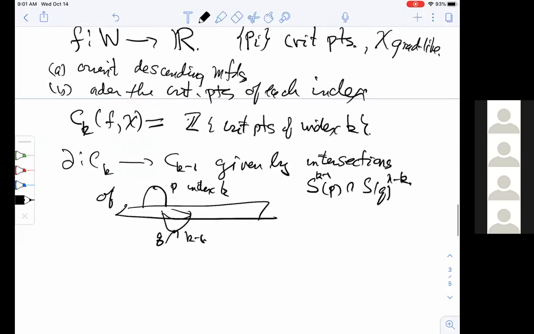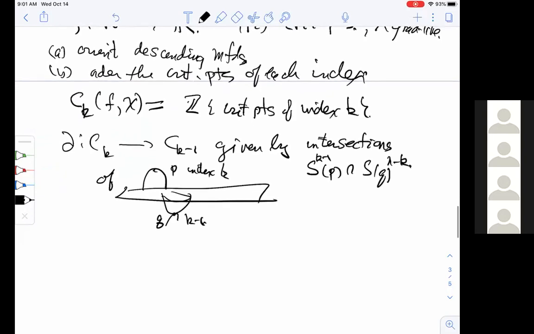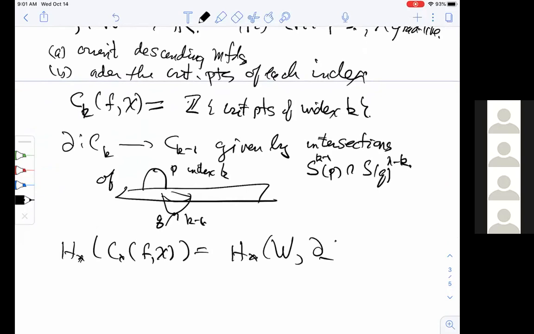And the orientations allow you to associate signs to these intersections. Well, that's the Morse chain complex, and we showed that the homology of this complex is the homology of W, comma, boundary minus W.